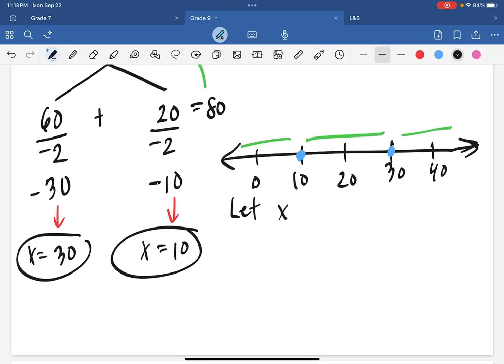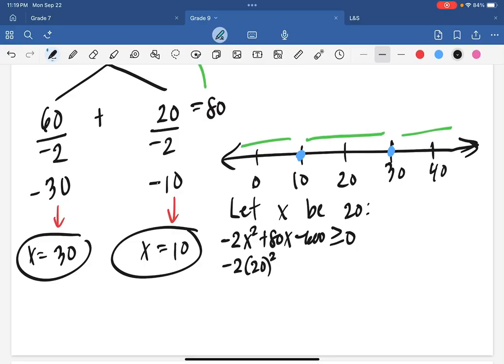Now, let x be 20. So we have again negative 2x squared plus 80x minus 600 is greater than or equal to 0. I'm just gonna substitute 20. So negative 2 times 20 squared plus 80 times 20 minus 600 is greater than or equal to 0.